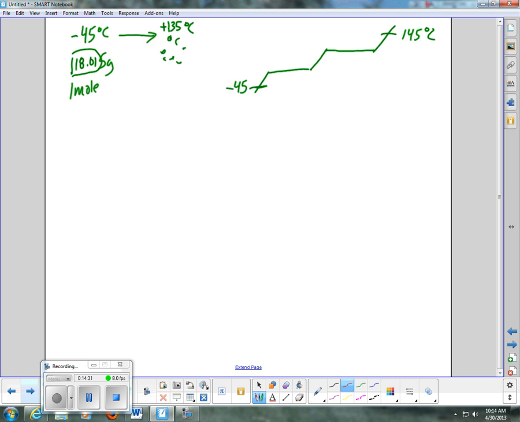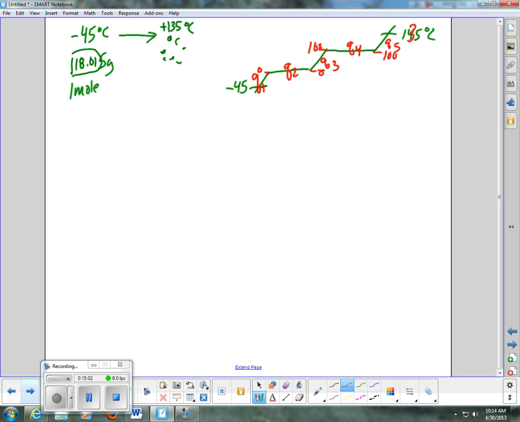So on this one, I'm going to have Q1 up to 0, Q2 changing phase, Q3 going from 0 to 100, Q4 changing phase, and Q5 changing temperature of the steam. Oh, I put 145. Sorry, 135. Thank you for fixing that for me.